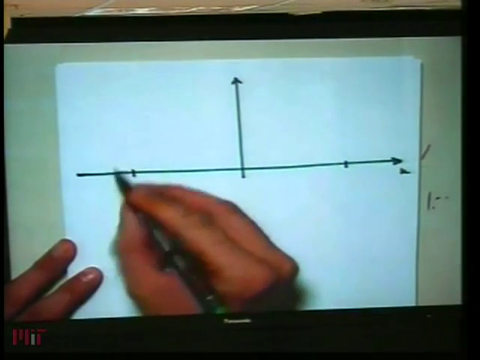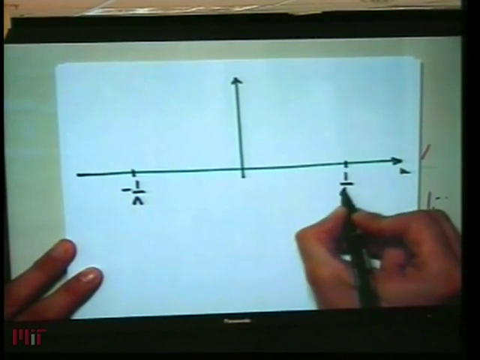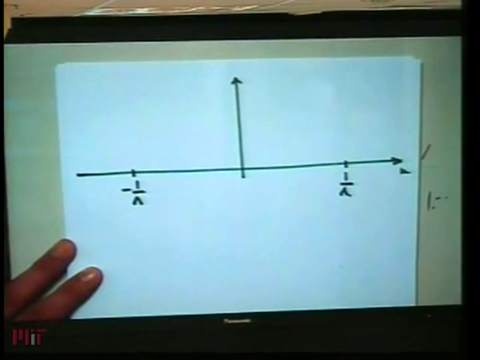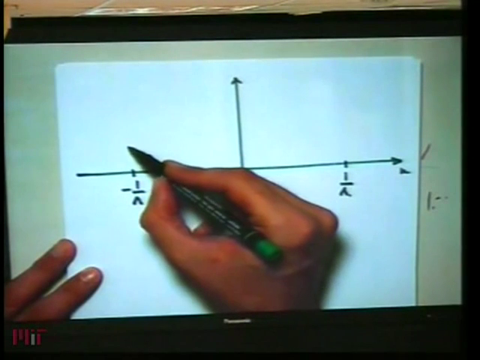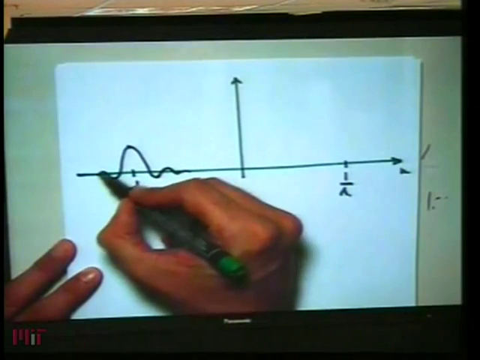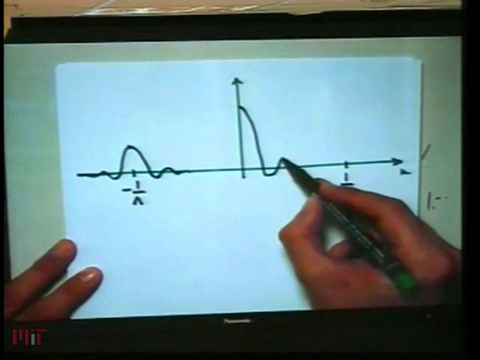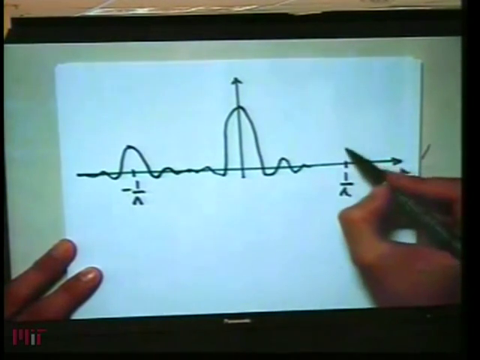One is at the origin, one is at minus 1 upon lambda, and the other is at plus 1 upon lambda. And then on each one of those, I'm going to center one of the sinc functions. So here is one sinc function, and here is another sinc function, and another one.